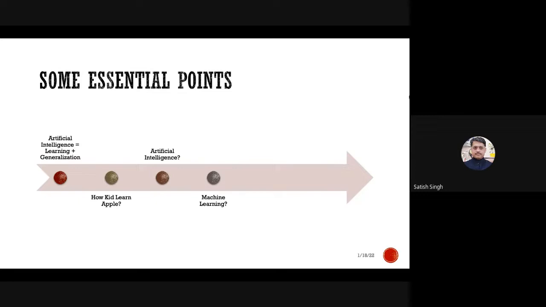Means the classifier or the decision maker was a learning-based system. These features were treated as examples, and machines were learning on the basis of those features. So machine learning based systems were basically feature engineering along with some learning-based classifier. So this was machine learning.